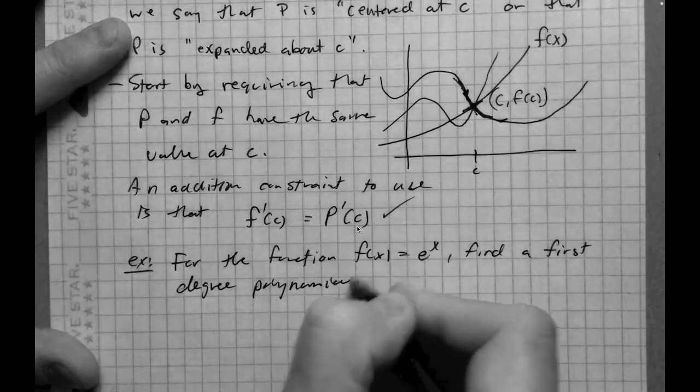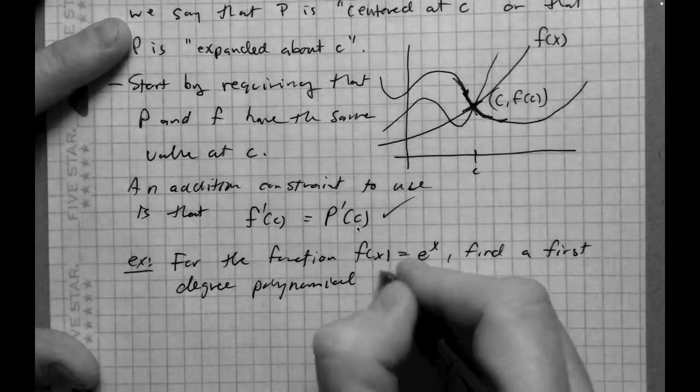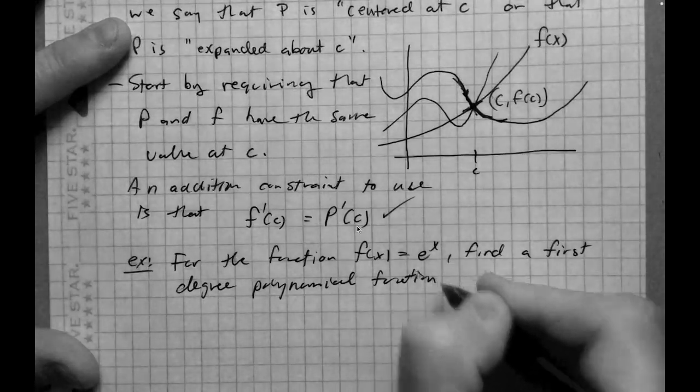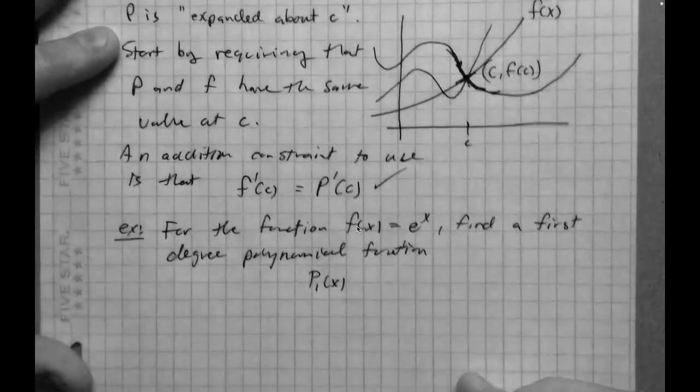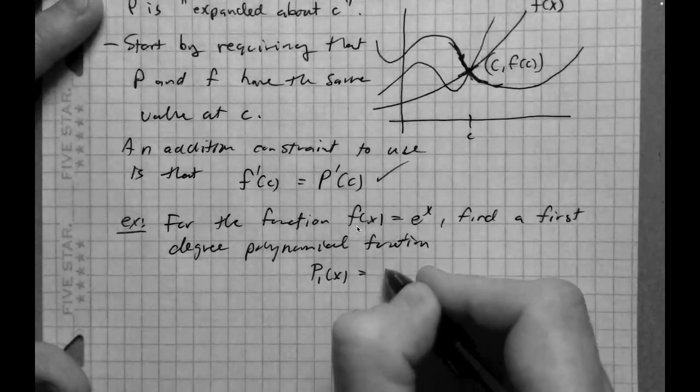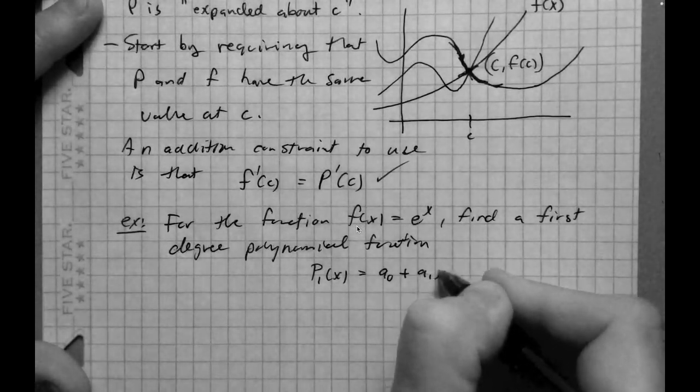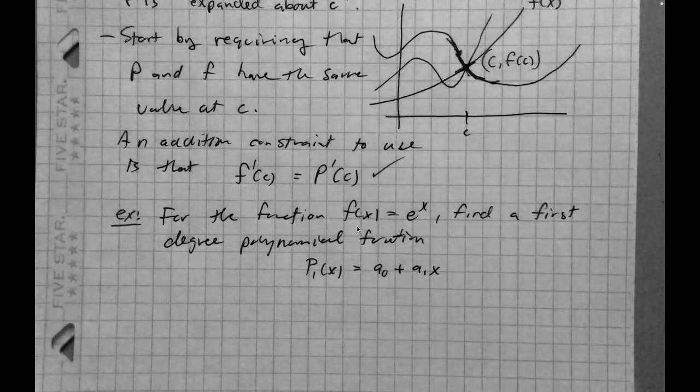polynomial function, and the form there is going to be p1 of x, we'll call it p1, and it's going to have the form a0 plus a1 of x. All first degree polynomials will have this form, right?